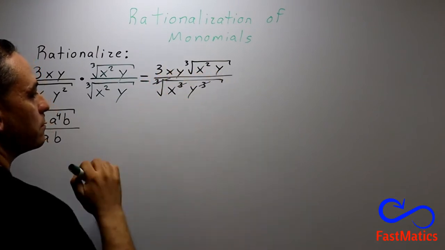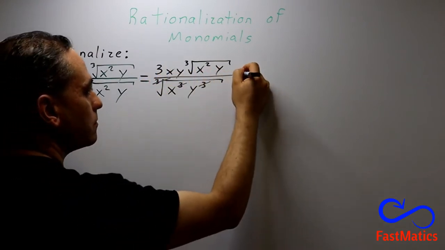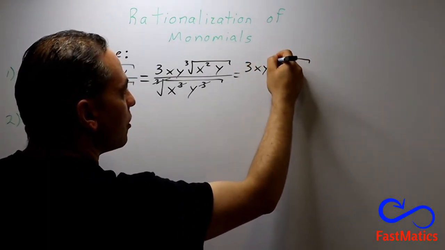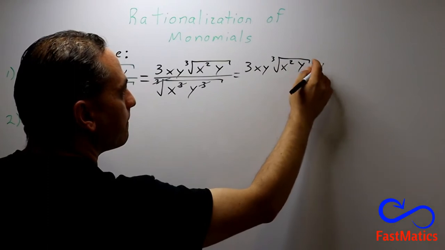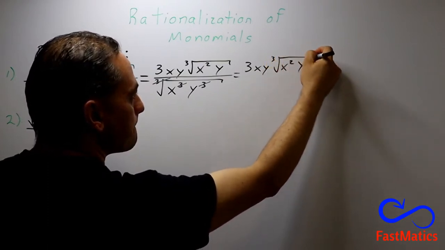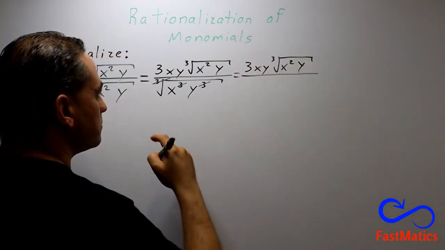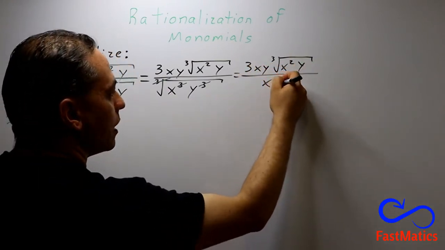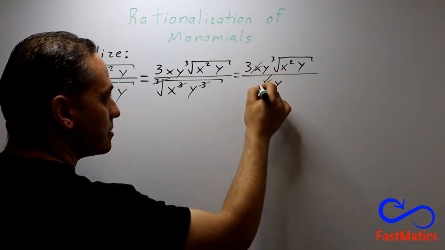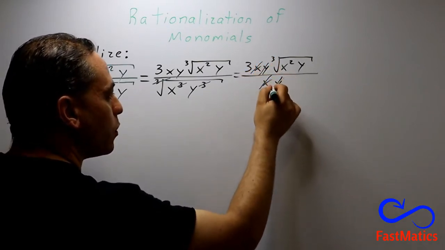So we get 3xy times the cube root of x squared y over xy, and x divided by x, y divided by y, goodbye.